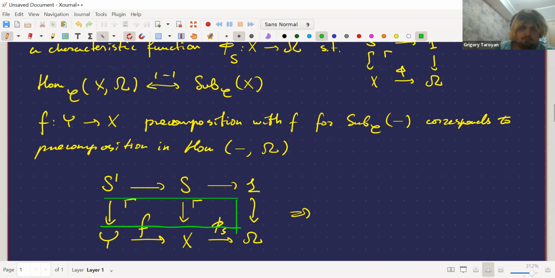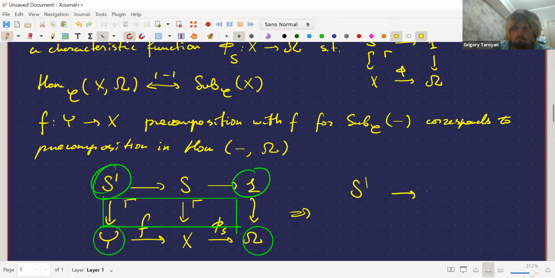So, yeah, you get the idea. So these four form a pullback square. And so we obviously have a precomposition in the bottom row, which leads to the fact that the notion of precomposition on the hom-set and on subobjects coincide.